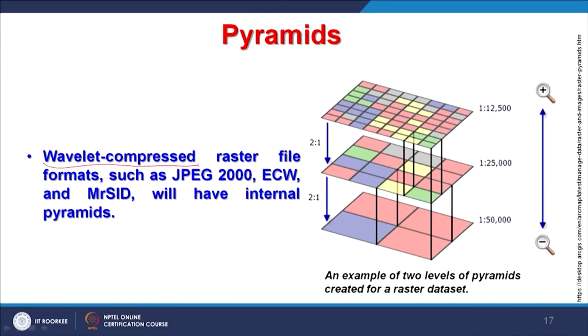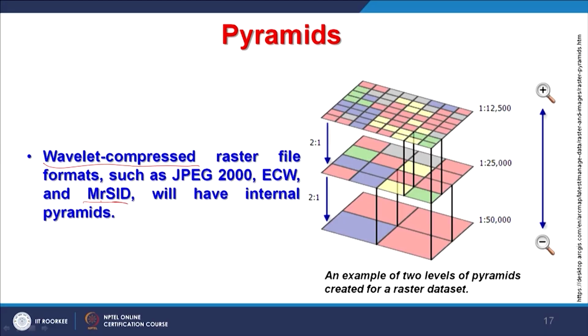Now this also uses the wavelet compression technique, and this can be applied for various data. MrSID, as I have said, is also the format of your Google Earth data, and that is why many high resolution images on Google Earth are displayed very fast.